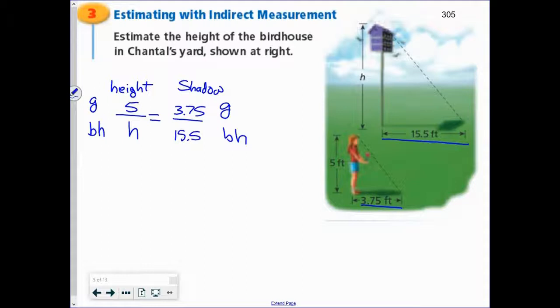So when I take out my handy dandy calculator, I am going to cross multiply. 3.75 with h has got to be equal to 5 times 15.5. I divide both sides by 3.75, and I am not going to even bother to try and reduce anything here, because that's way too difficult of mental math, even for me.